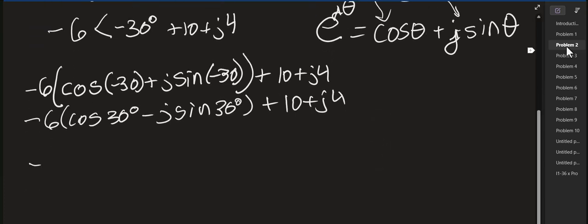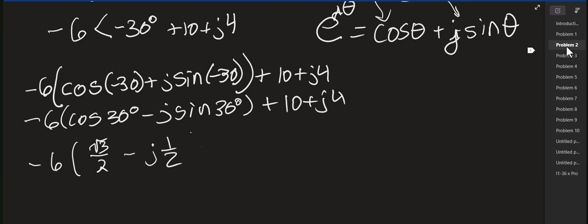I'm sure you all remember your unit circle: the cosine of 30 degrees is square root of 3 over 2, and the sine of 30 degrees is 1/2, plus 10 plus j4. But you don't have to remember that.